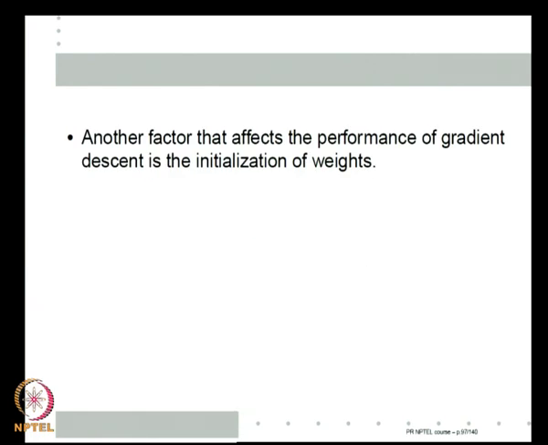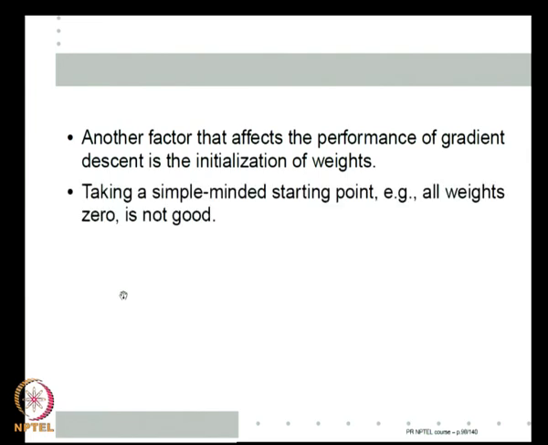Another factor that affects performance of any gradient descent is where you start. Generally it converges to the local minimum closest to where you start. So where you start often becomes very crucial, and because it is a very high dimensional space, a simple minded starting point like taking all weights to be 0 is never a good starting point. Remember that I also told you there are a lot of weight space symmetries.